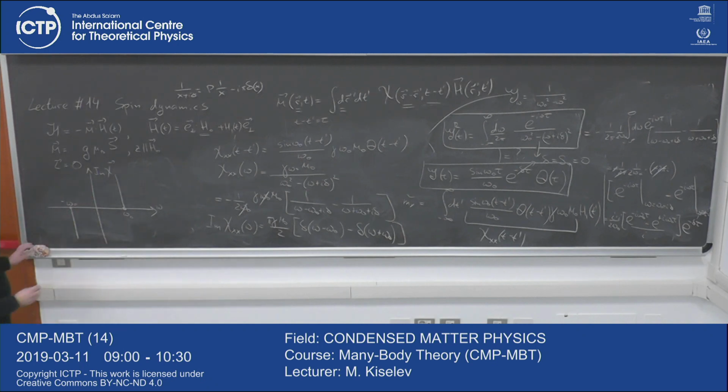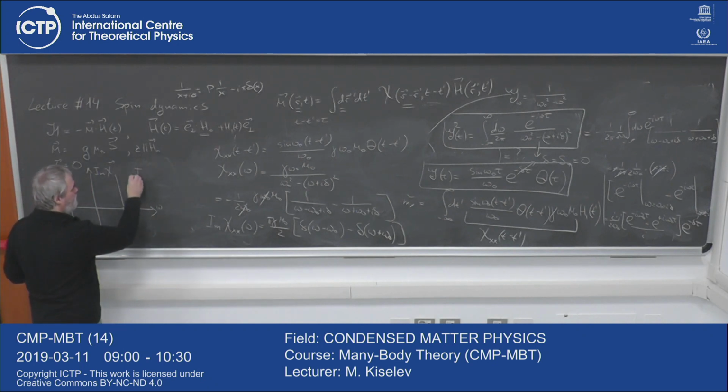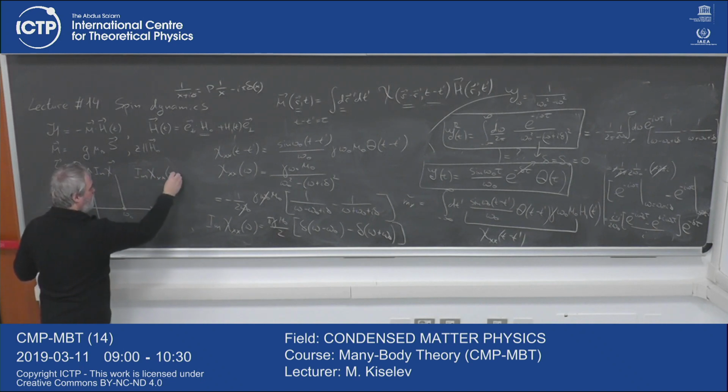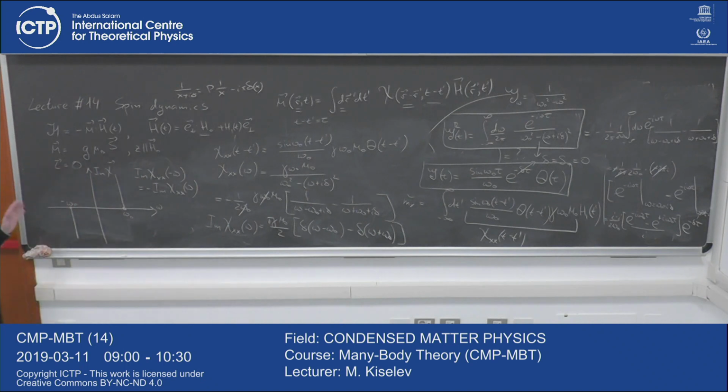And moreover, you see that the imaginary part of chi is an odd function of the frequency. You may see that the real part is the other way around, an even function of the frequency. You can give this proof by yourself.